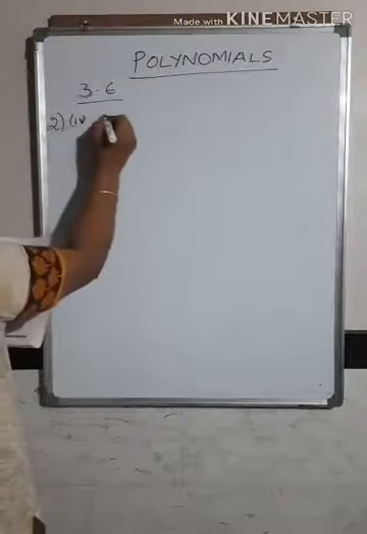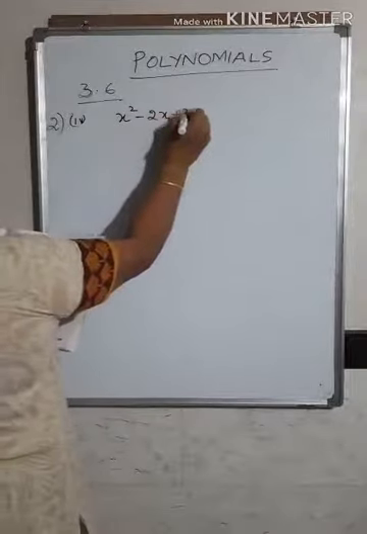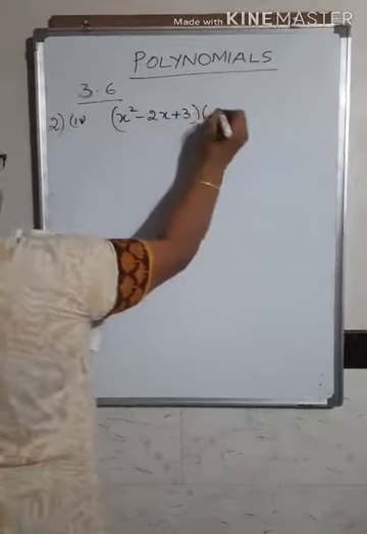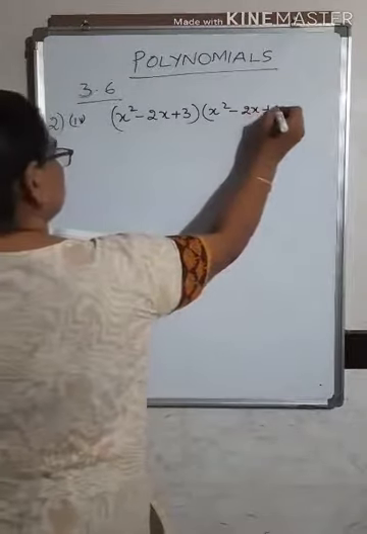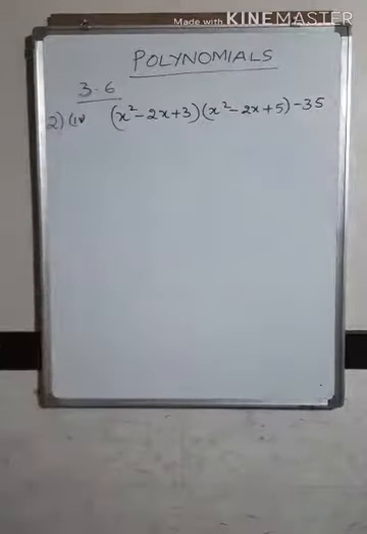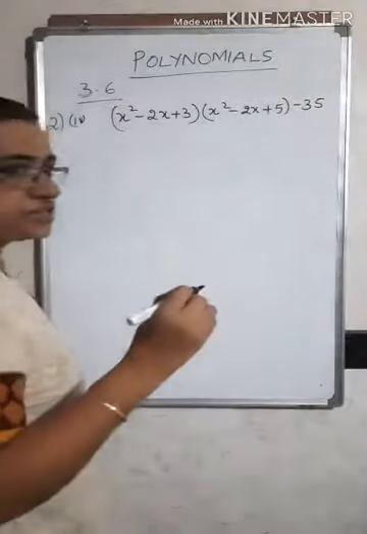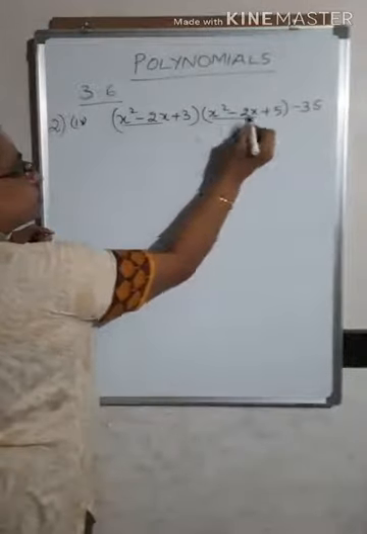Take the fourth problem. (x square minus 2x plus 3) into (x square minus 2x plus 5) minus 35. So this is the problem where you have to do the factorization. When you look at the expression, you have got the same terms in both the brackets.